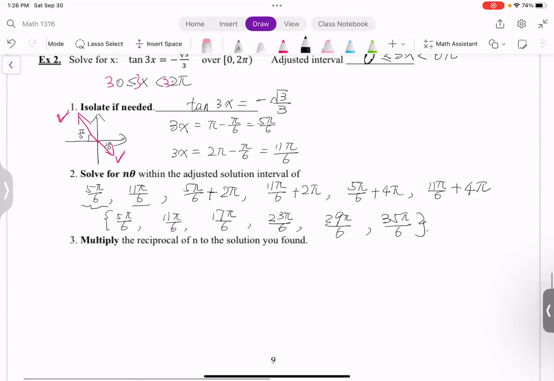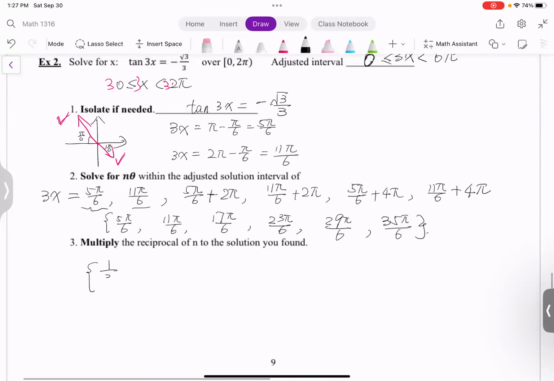We're not done because 3x equals all of these. If I'm solving for the x, what should I do? I need to divide all of them by 3. So everybody divided by 3. My new solution: the first one divided by 3 is 1 over 3 times 5 pi over 6.